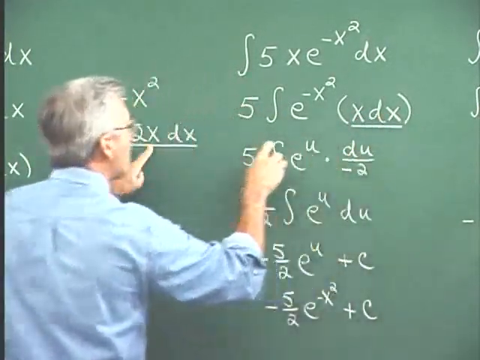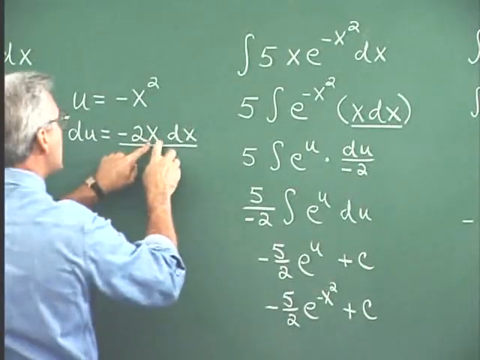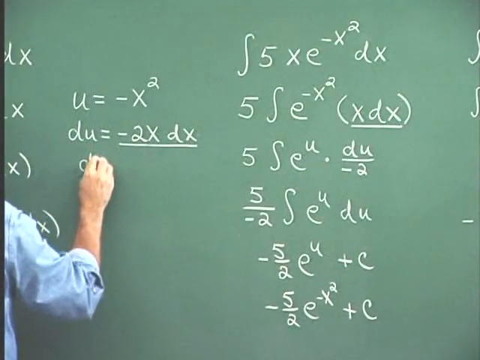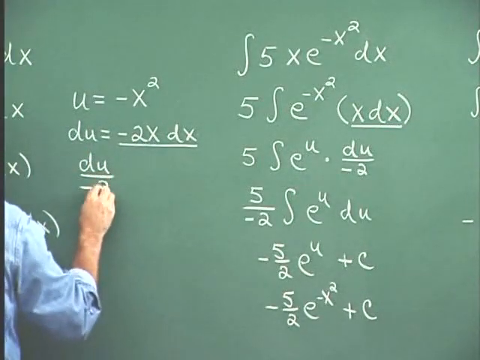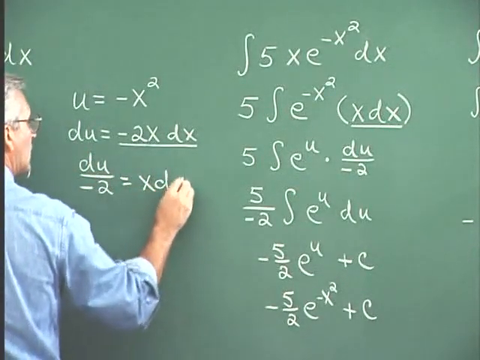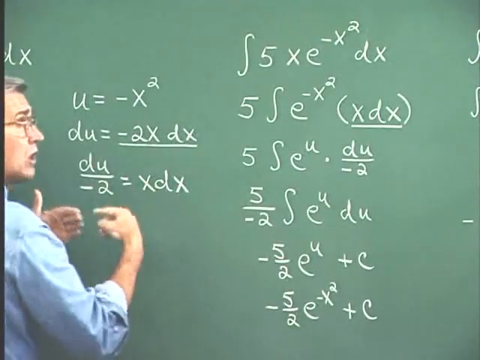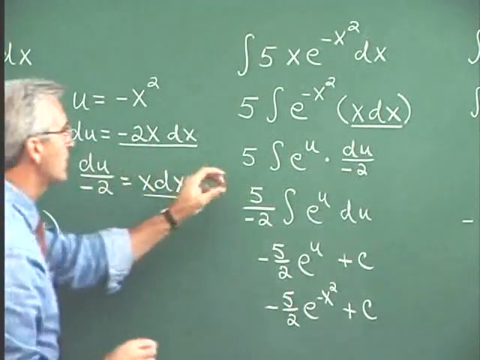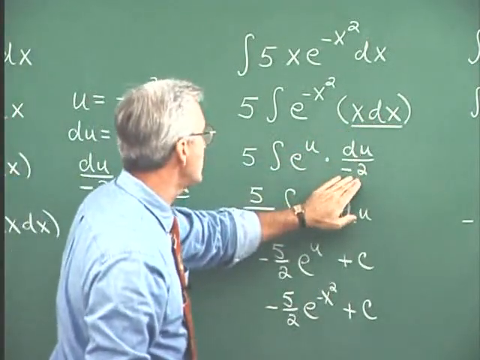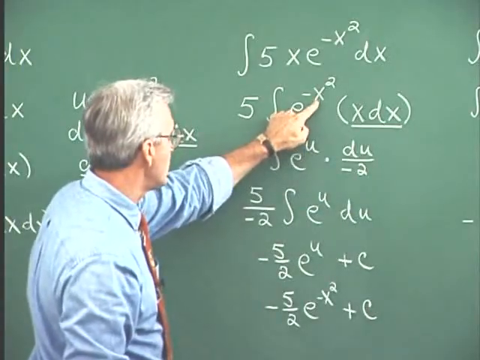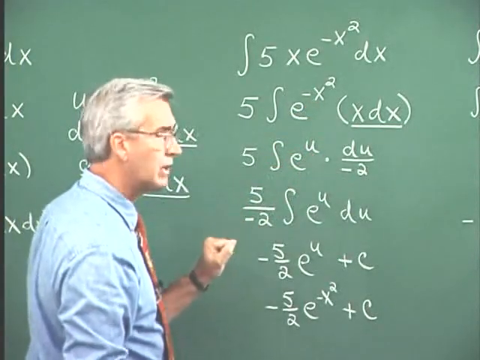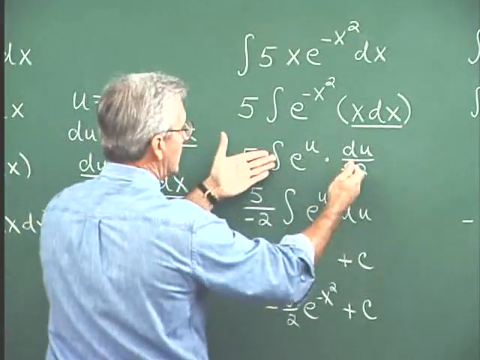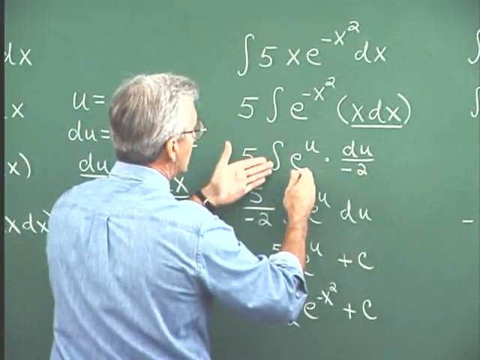So what I could do over here for substitution purposes is solve this for x dx. To solve that for x dx, du over negative 2 equals x dx. Now I can rewrite over here, replacing x dx with this fraction. So the x dx is the du over negative 2. And since the u is negative x squared, we have the u here. Now we want to accomplish the form e to the u du to the right of the integration symbol.